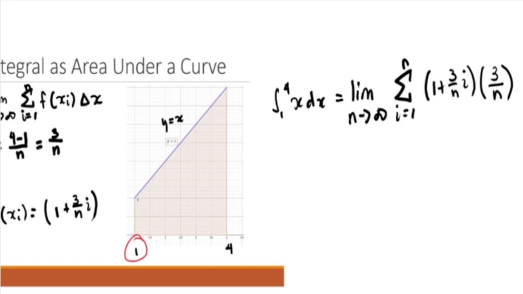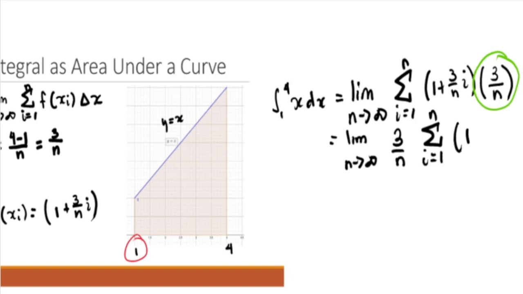So we can do the same. We can take out this part. So this would give us the limit as n approaches infinity of 3 over n times the summation of 1 plus 3 over n i.